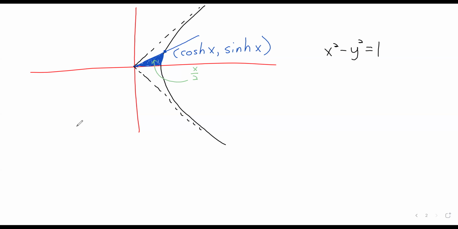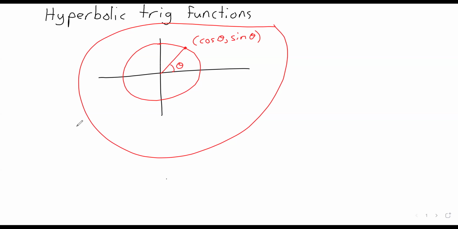And what I am going to say is that actually this is identical to this, in the sense that this angle theta also generates an area, and that area is half of the angle. So we absolutely could define the sine and the cosine in terms of area if we wanted to.